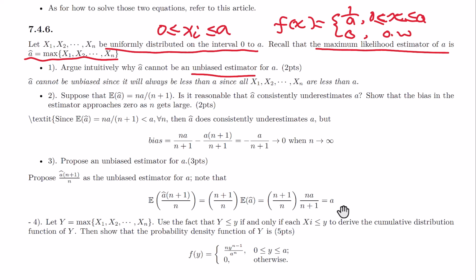So if you take the expected value of that, it cannot be a. Does that make sense? It seems like a hat is always going to be less than a. So if you take the expected value of a hat, that should be less than or equal to a also. This is one way to intuitively argue this a hat could not be an unbiased estimator for a.